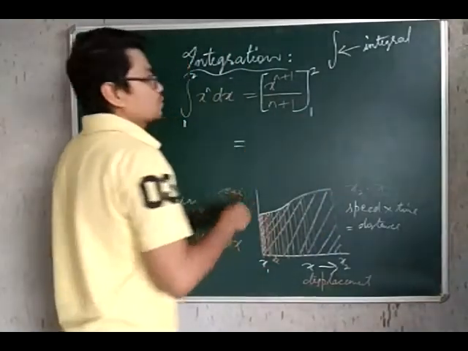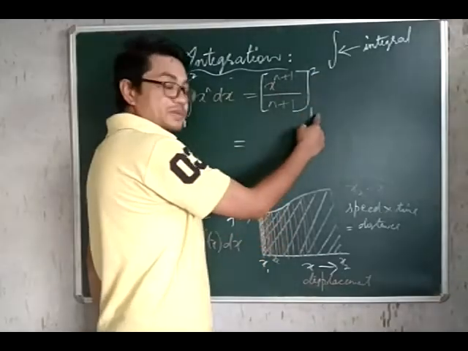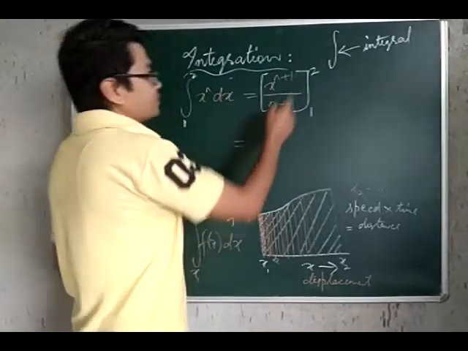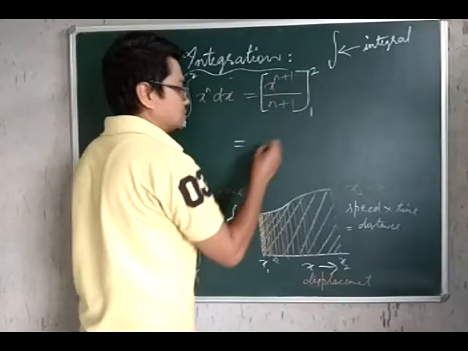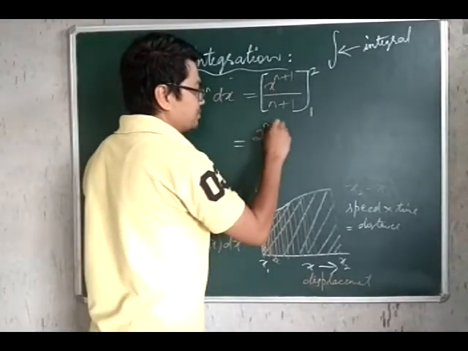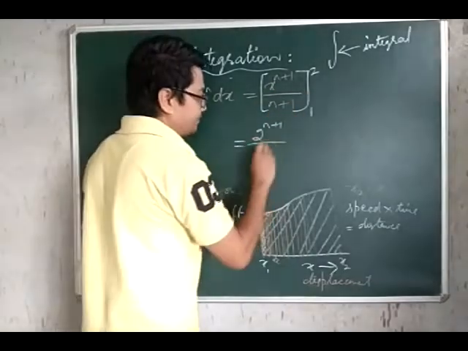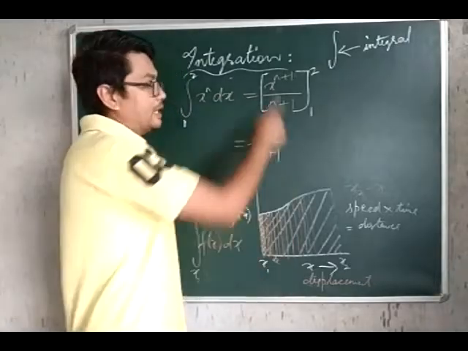Like I've already told, these limits of integration are the values of the variable x. So first of all, you substitute the upper value of x. The upper value is 2, so this will be 2 to the power n plus 1, whatever n be, divided by n plus 1. So we've substituted the upper value of x.